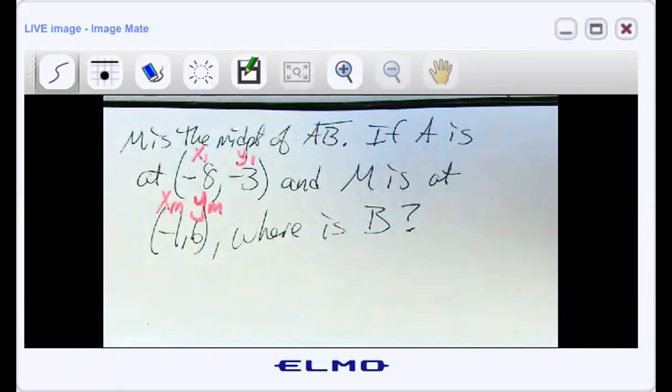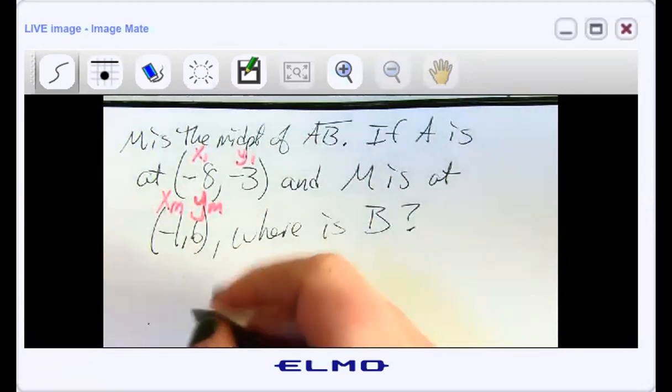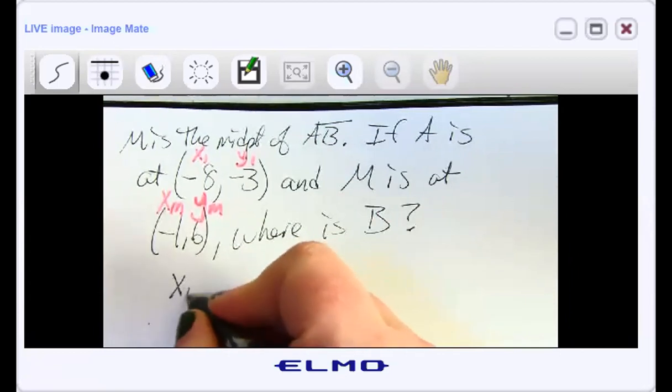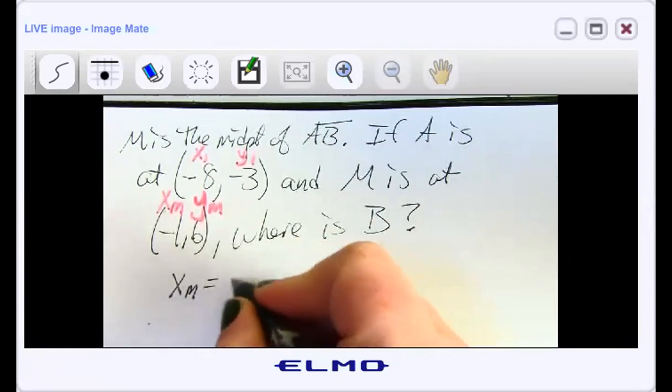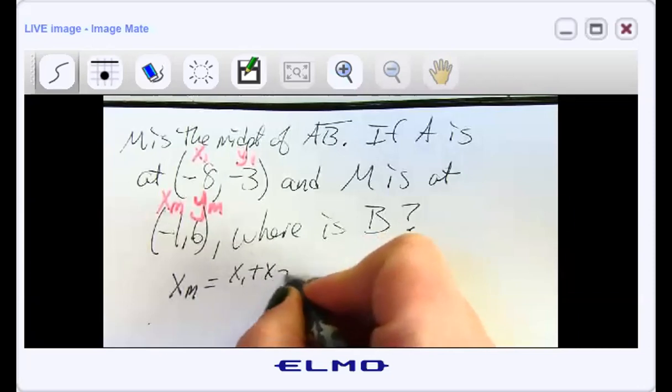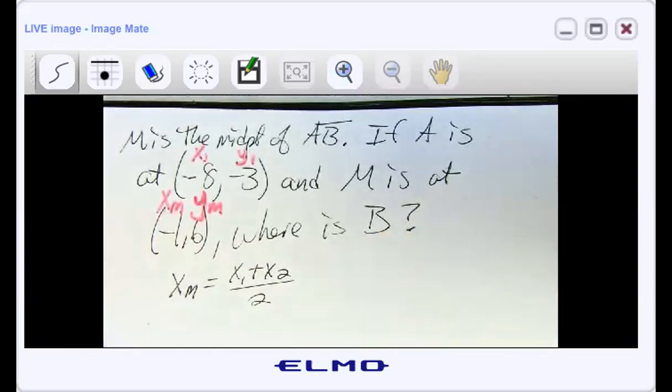Go ahead, try it. Start by just getting your answer for x. Let's make sure that we get that part right, and then we'll try y. So everybody go ahead and get your answer for x. You're doing the exact same thing that we did. I'll even write the formula for you again down here. Why not? x of the midpoint is going to be equal to x1 plus x2 all over 2.